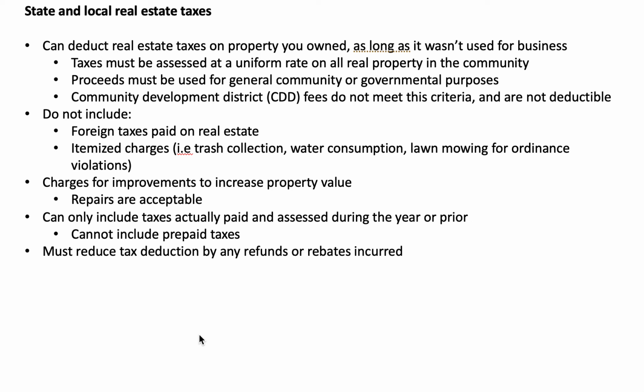Again, if you have already reached the $10,000 limit, as many taxpayers may, this might be a completely unnecessary exercise. You don't need to do the additional work just to come up to a number that's even larger than $10,000.